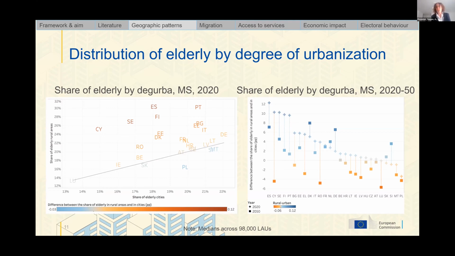The fact that the gap between urban and rural areas is not expected to expand is clear from the right-hand graph.